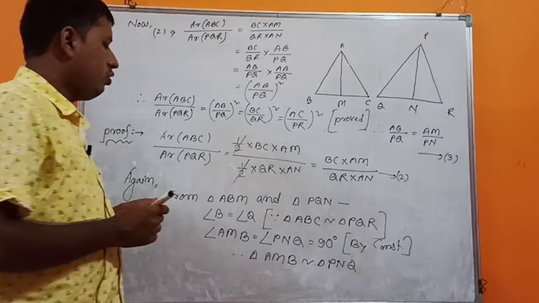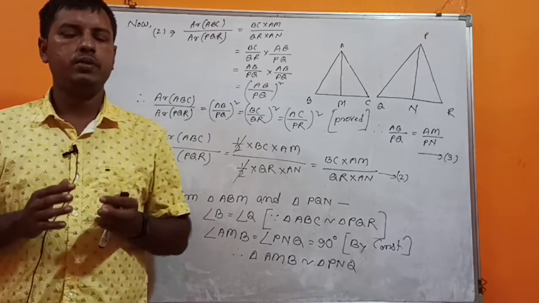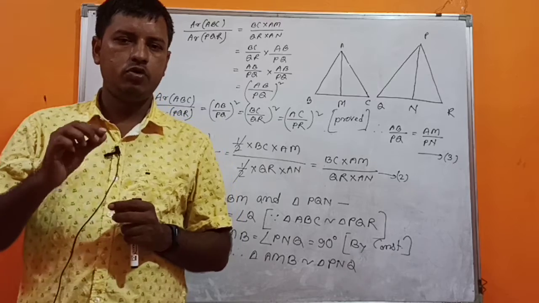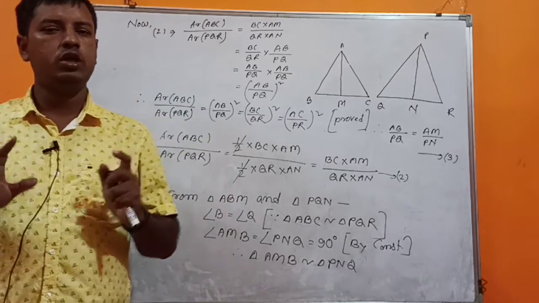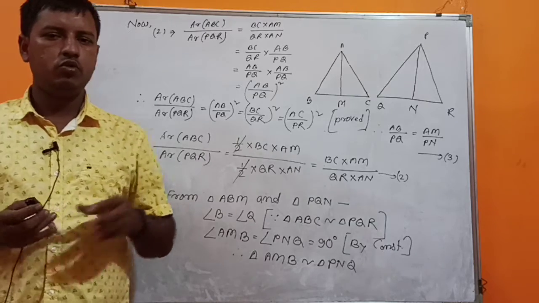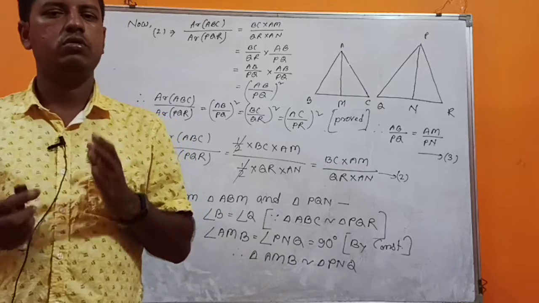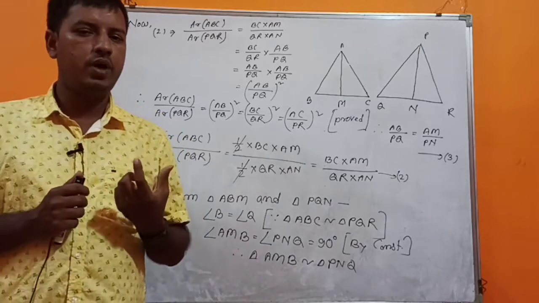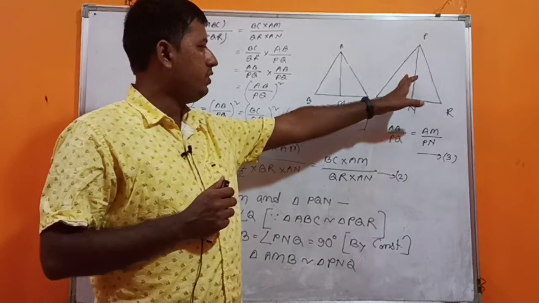So I am repeating all these things again. In the given portion, two triangles are similar, we are given, and since the two triangles are similar, their corresponding ratios are also equal. Okay, then to prove, we have taken the construction part, we have drawn only two perpendiculars, and in the proof part we have taken area of this triangle by area of this triangle.